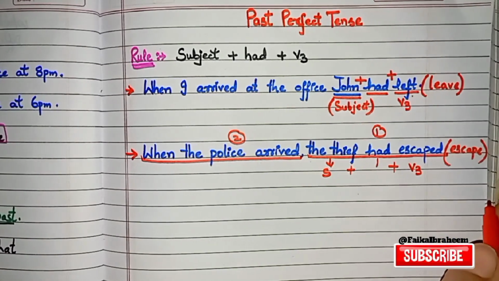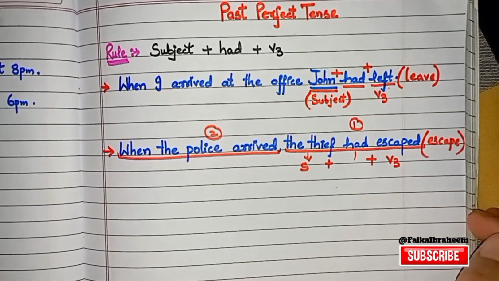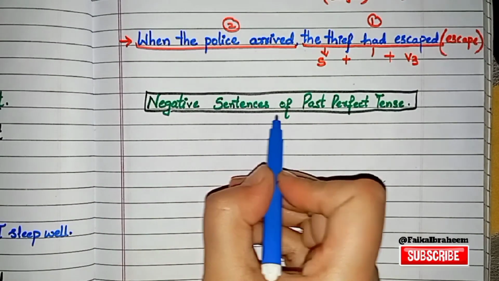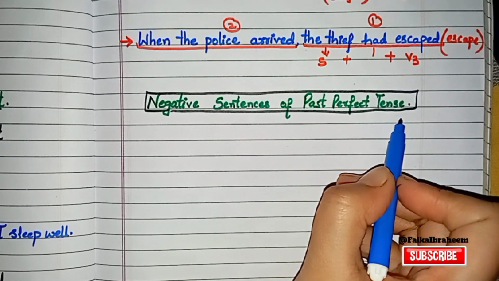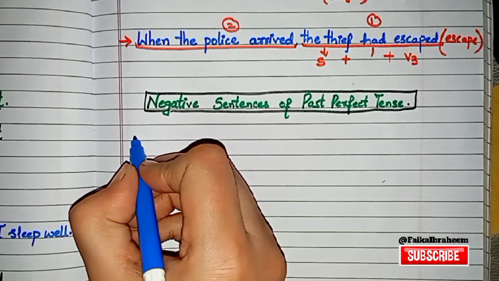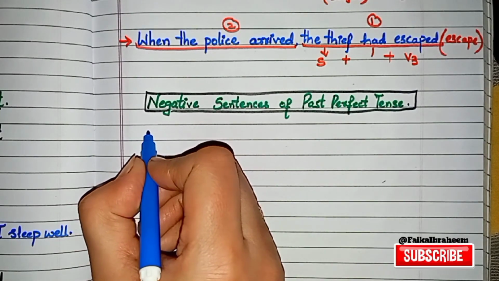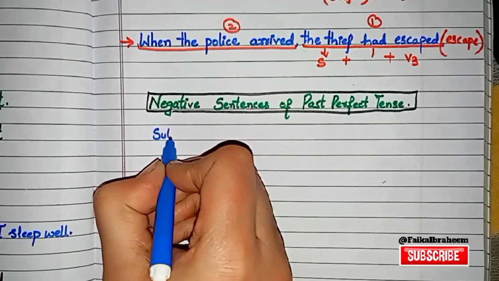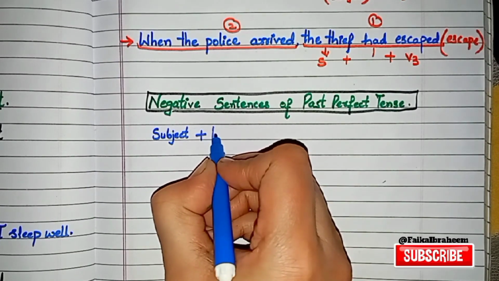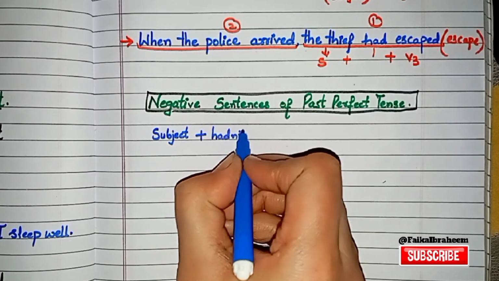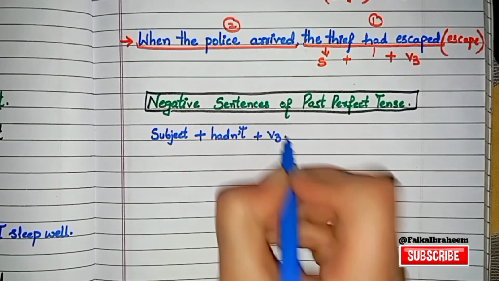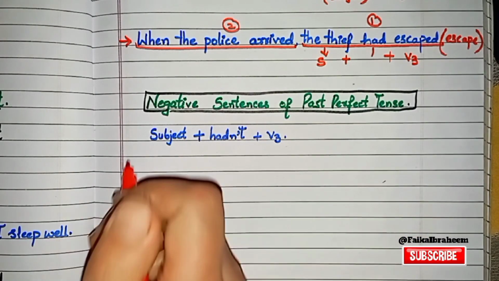Now look at some negative sentences and the rule of negative sentences. Negative sentences in past perfect tense: subject plus had not or hadn't plus third form of verb. Now look at some examples.